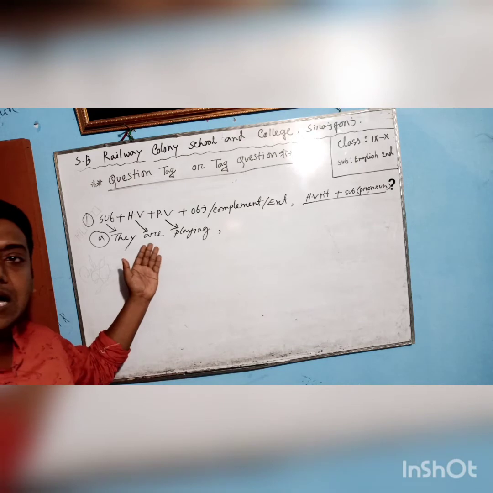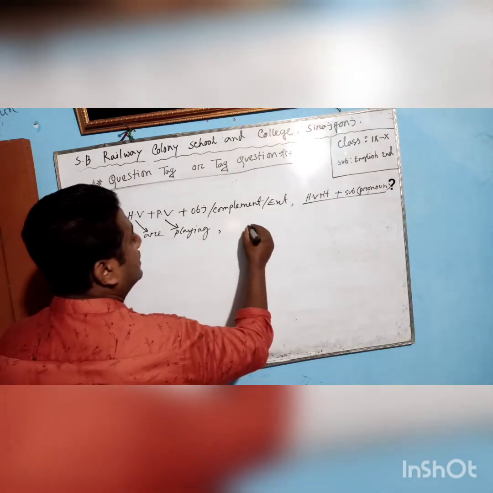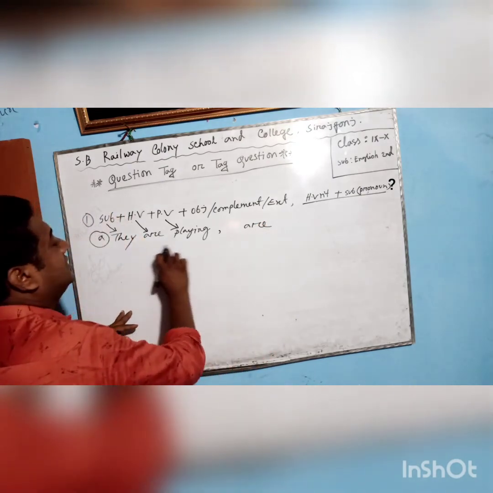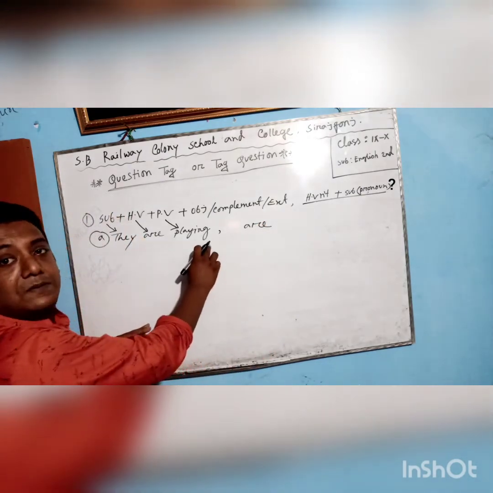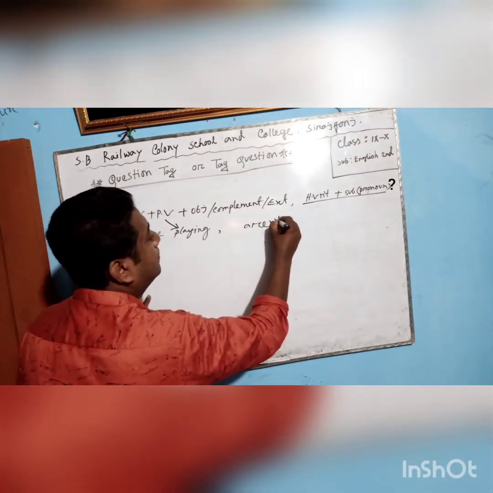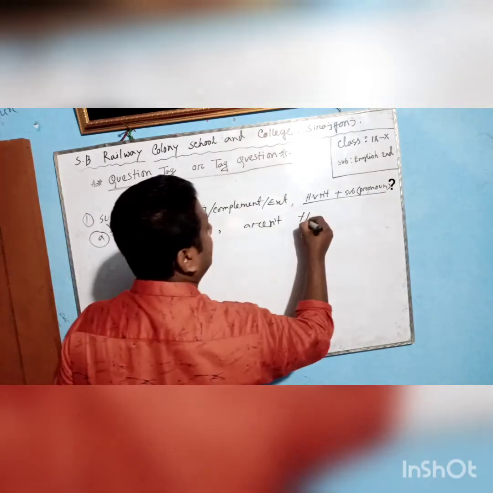Helping verb is are. This is a positive statement, so we need a negative. And the subject of the sentence is they.